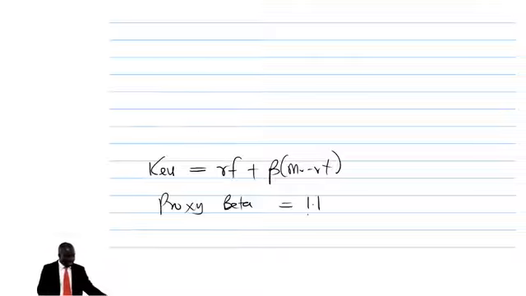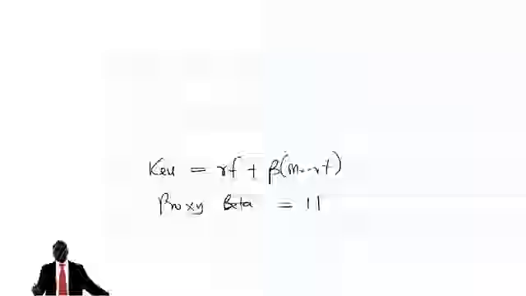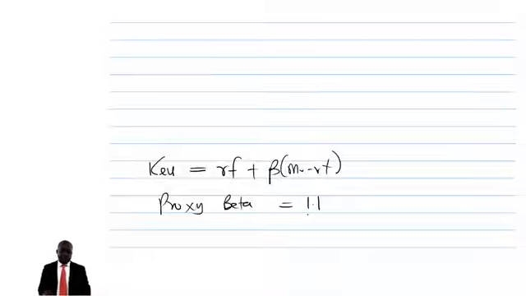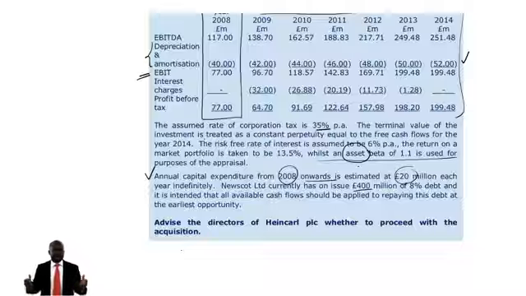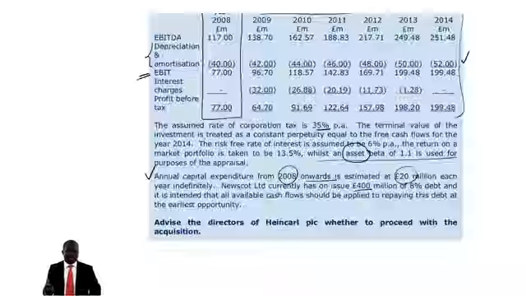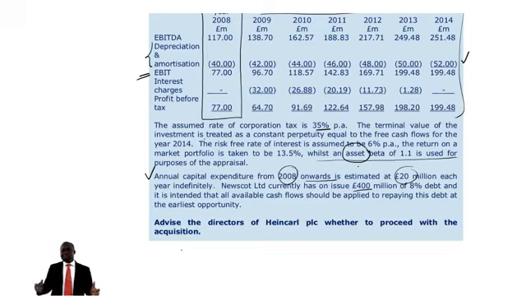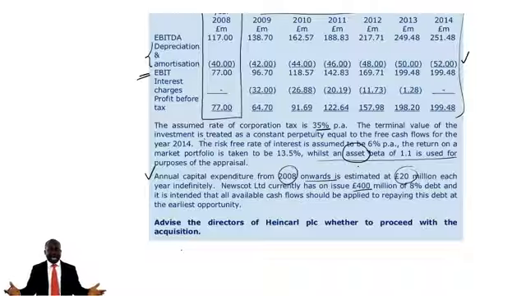When I pick that 1.1, I need to ask myself, this 1.1 beta, are you geared or are you ungeared? The question told me it is asset beta. And we all learned in the last two weeks that asset beta measures only business risk, and any beta that measures only business risk is also called an ungeared beta.